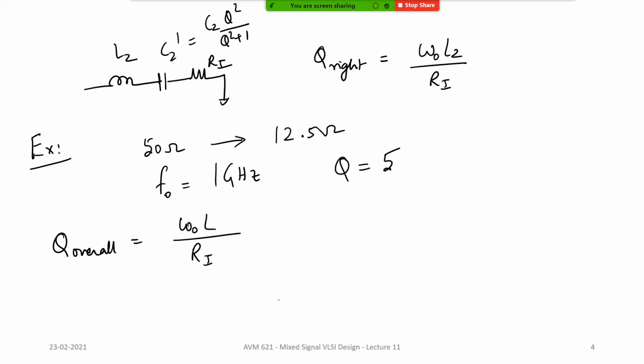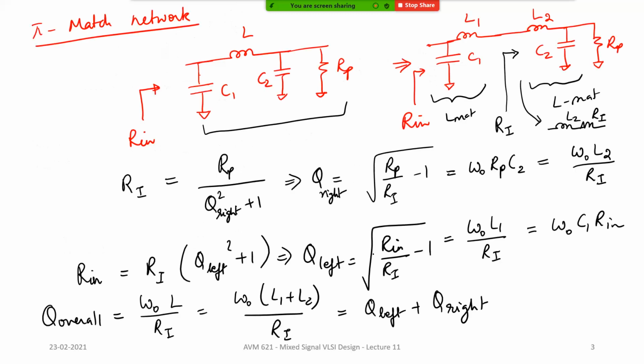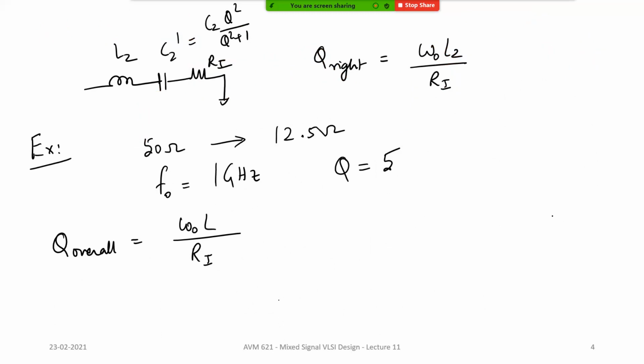So if you can figure out what this Ri is, then you can set L. Once you set L, you can find out the other components C1 and C2. The whole job in the design is to figure out the value of C1 and the value of C2. So how can we write Ri in terms of Rin, Rp, and Q squared?